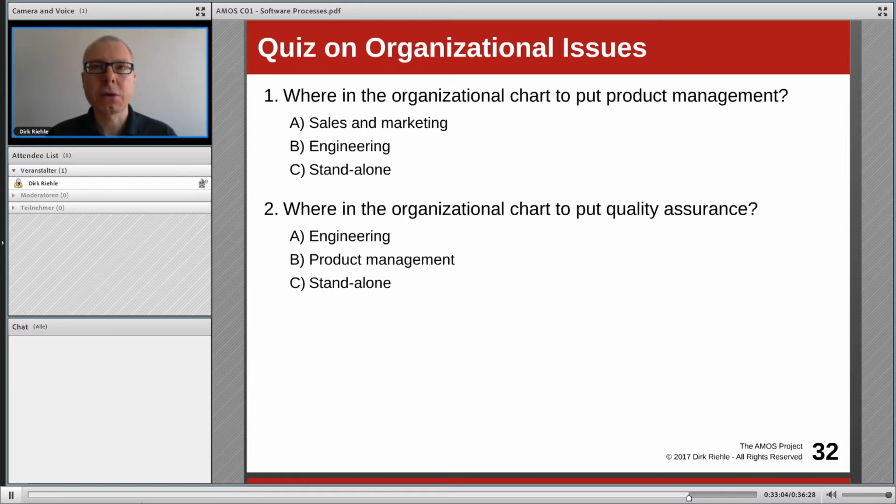If you make it standalone, you will also often give it revenue responsibility, and then it needs to be standalone to not have any interference. What would those interferences be? Well, in sales and marketing, if you were to put product management there, typically product management will tilt too much towards short-term features and functionality, because there is this powerful salesperson who can bring in this multi-million-dollar sale if only there was this one additional function.